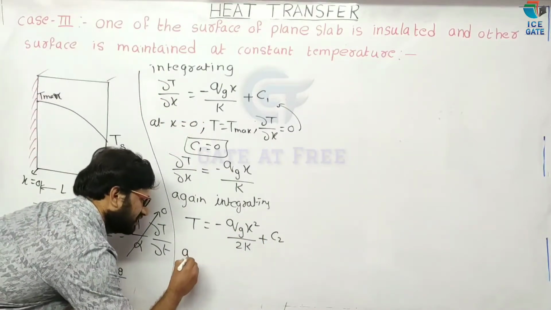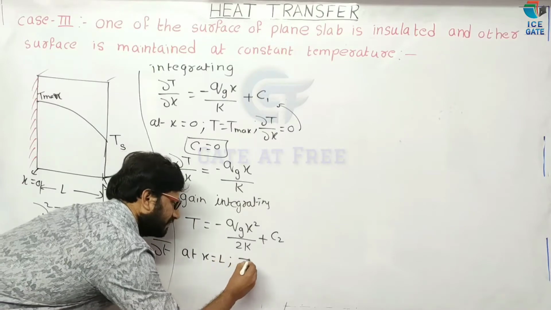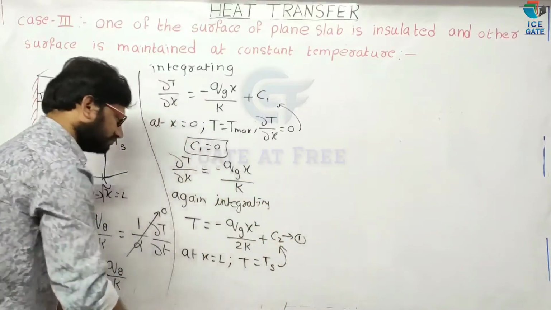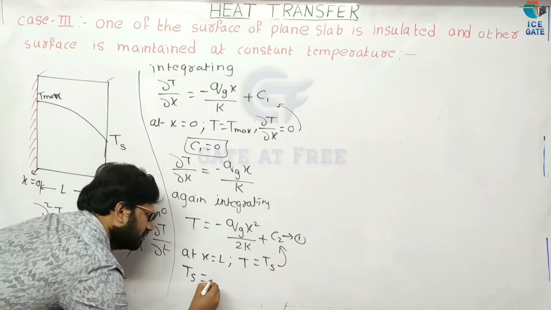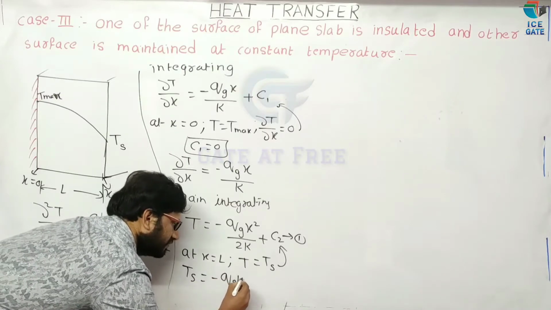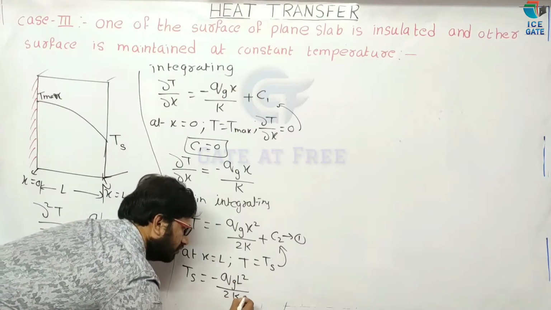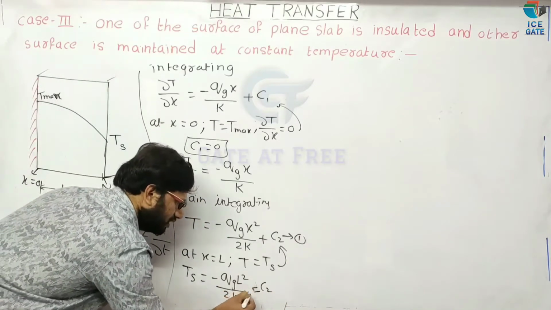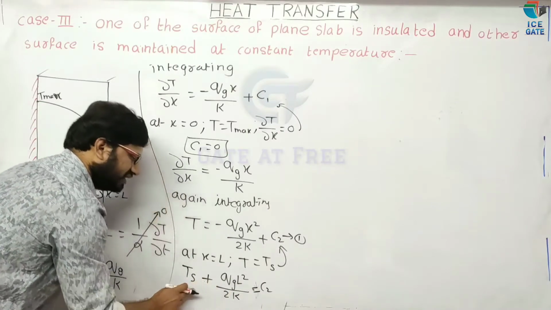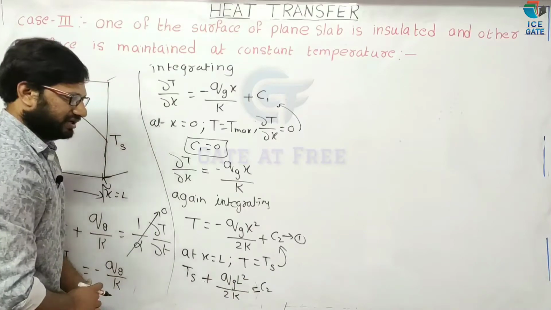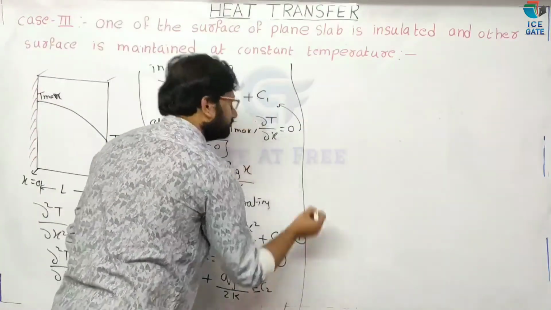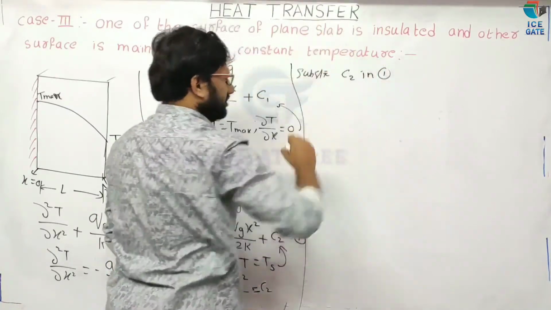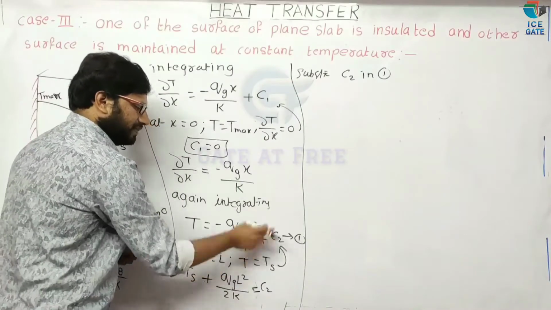Now taking the boundary condition, at x is equal to L, T equal to Ts. Substituting in the above equation, we get Ts is equal to minus qg L²/2k plus C2. From this, C2 equals Ts plus qg L²/2k. Now substitute C2 in equation 1, T is equal to minus qg x²/2k plus C2.